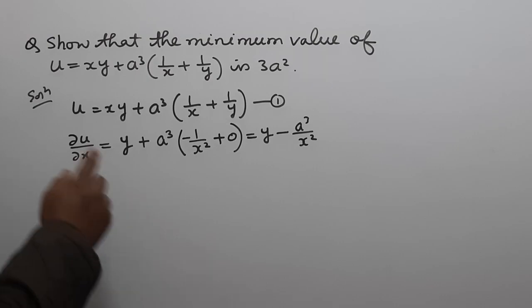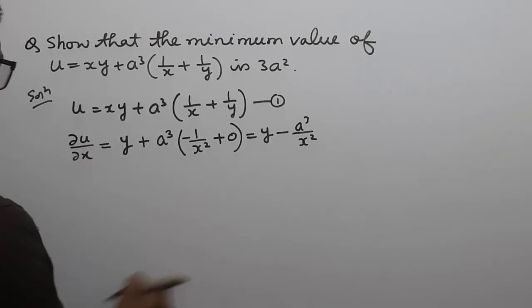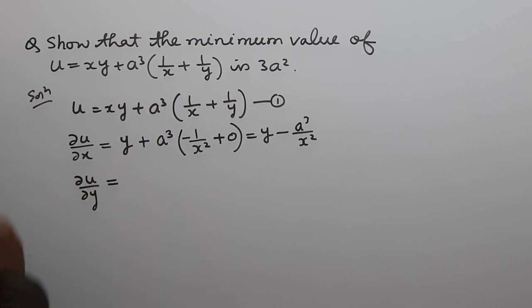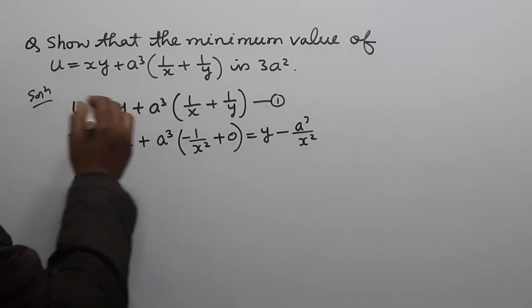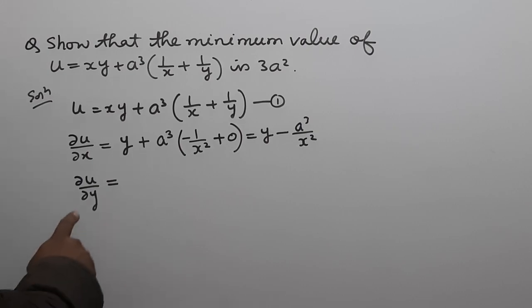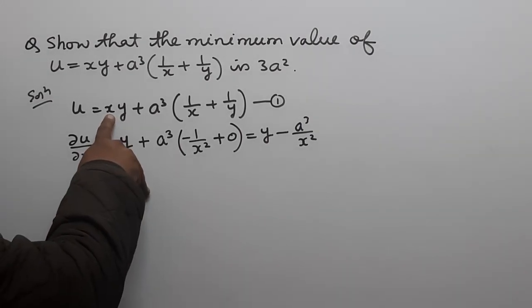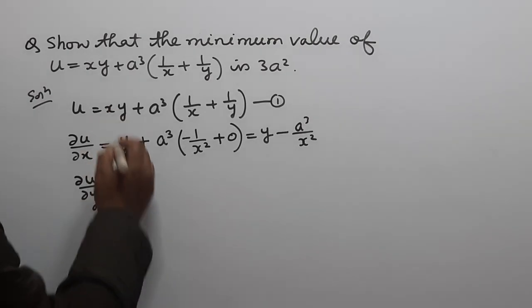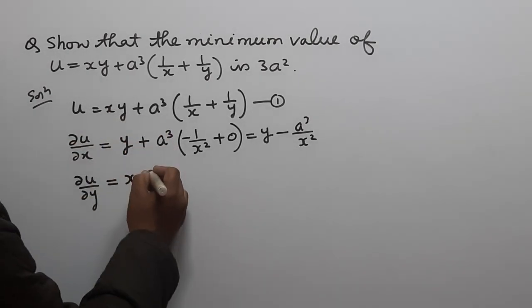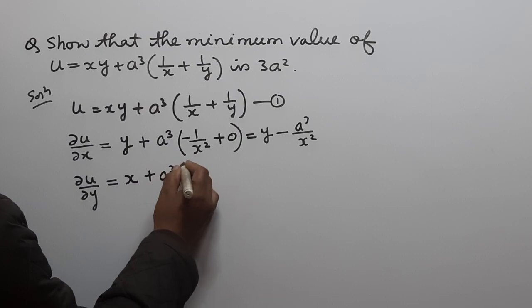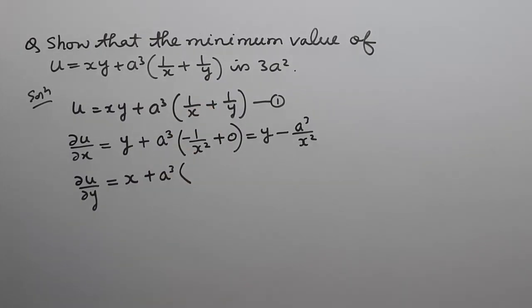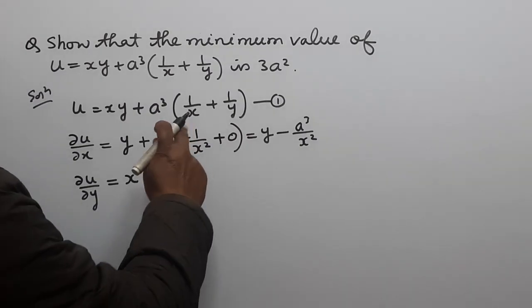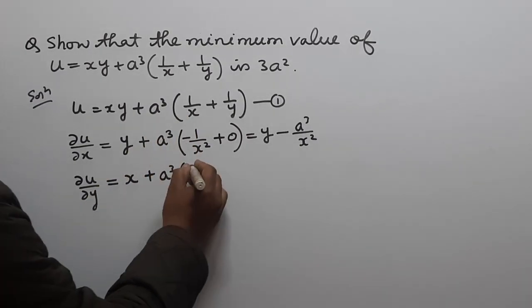Now we find the partial derivative of u with respect to y, that is ∂u/∂y. When we differentiate xy partially with respect to y, x is constant, and the differentiation of y with respect to y is 1. So here we get x, and a³ is the constant. Now we differentiate 1/x partially with respect to y, so this will be constant, and the differentiation is 0.